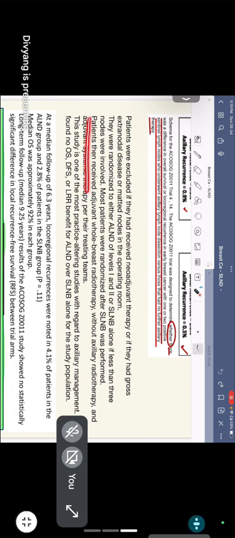All patients by protocol received adjuvant whole breast radiotherapy because it was breast conservation. Axillary radiotherapy was avoided in all patients, so we did not treat the axilla.